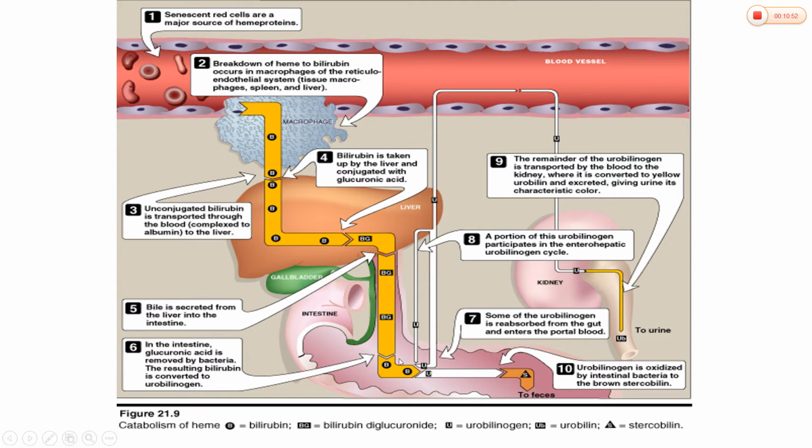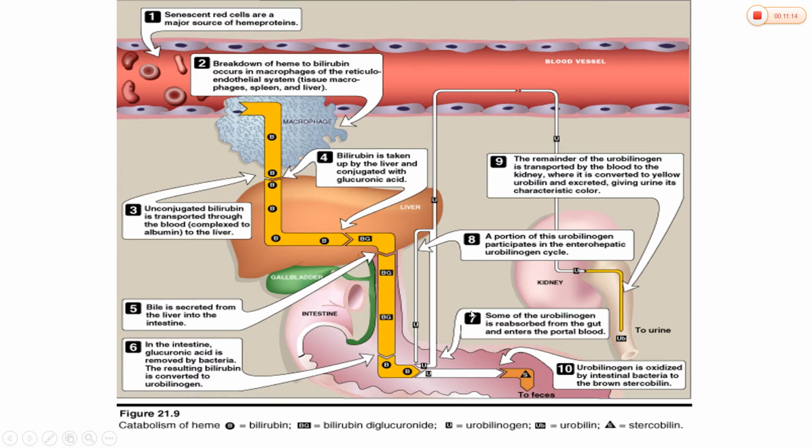So urobilinogen is produced during this process because of the presence of bacteria in the intestine, which break this glucuronic acid bilirubin conjugate, and it gets converted to urobilinogen, which is shown here.